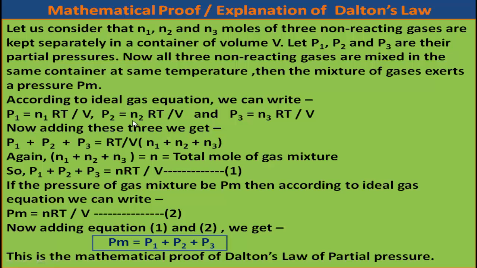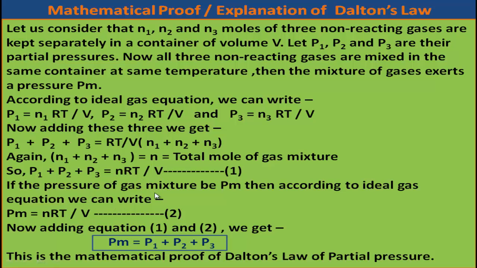Now, for sample 2, P2 is equal to N2RT divided by V, and P3 is equal to N3RT divided by V. Now, if we add these three pressures, we get P1 plus P2 plus P3 equals, if we take RT by V common, in brackets N1 plus N2 plus N3. And we know that N1, N2 and N3 are actually the moles of the component gases, and their addition is the total mole of the gas mixture. So we can write P1 plus P2 plus P3 equals nRT divided by V.